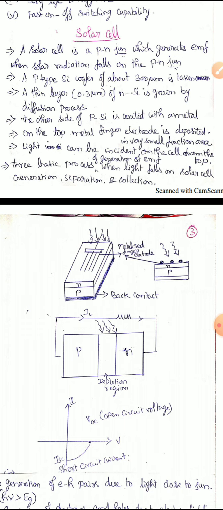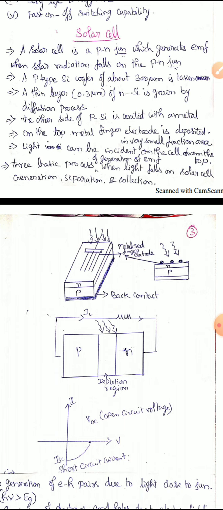There are different types of processes, like the etching process and the diffusion process. Here we are using the diffusion process to form the thin n-type layer on the surface of the p-type layer. The thickness of the p-type layer is 300 micrometers and the thickness of the n-type layer is 0.3 micrometer.